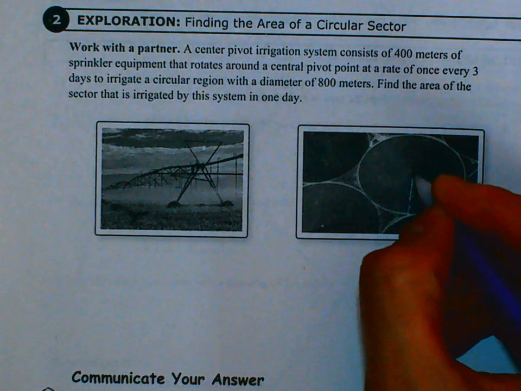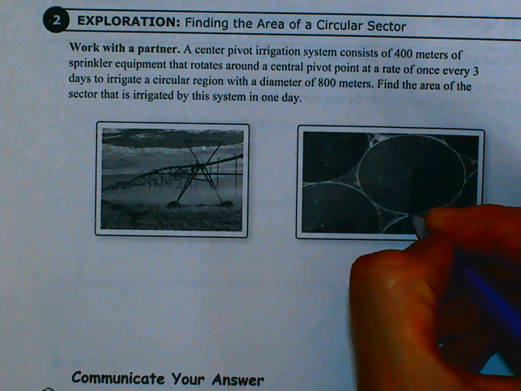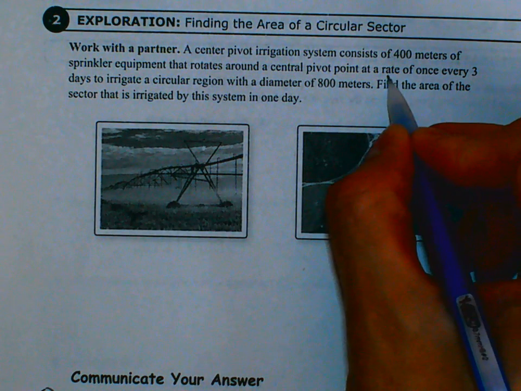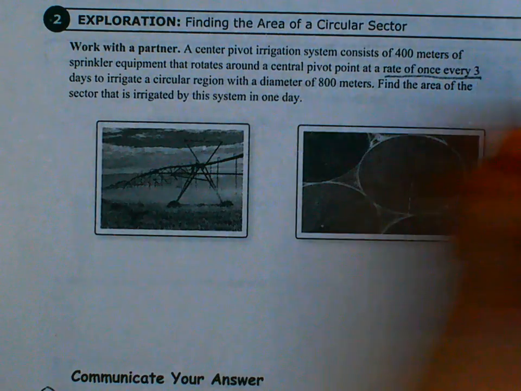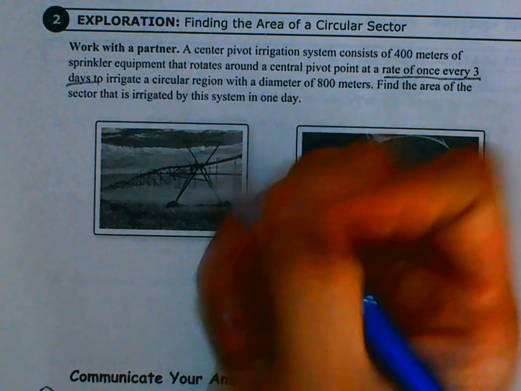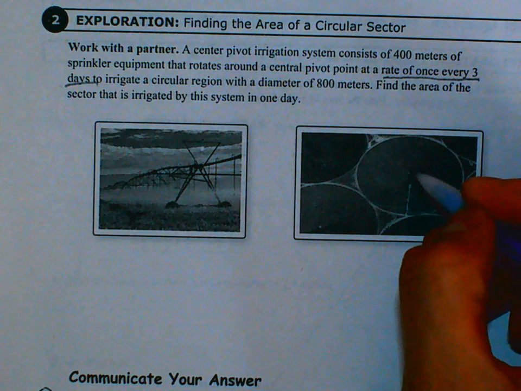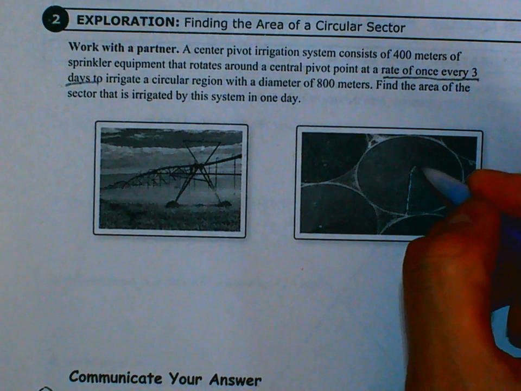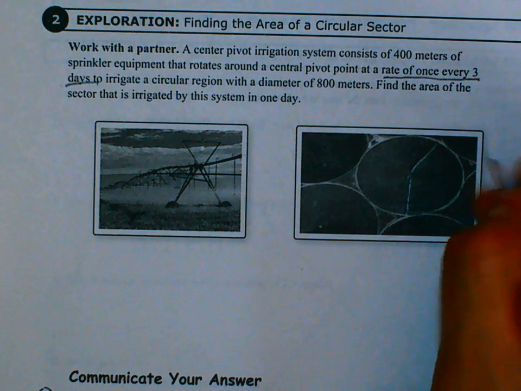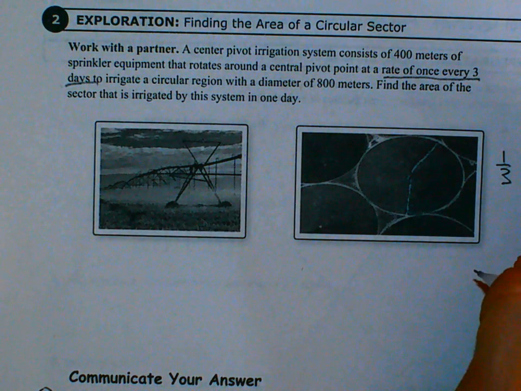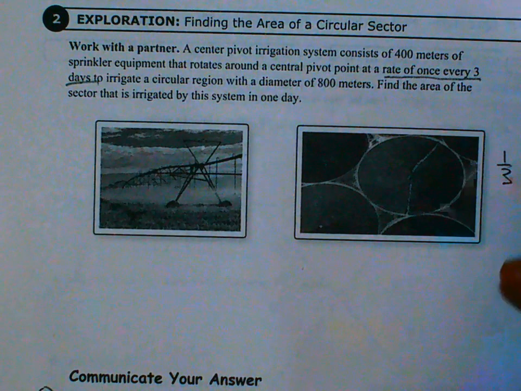So the radius of this circle happens to be 400. The rate that this thing turns is once every 3 days. So it makes a full turn in 3 days. That means that in 1 day, it's only going to turn 1/3 of the whole circular crop. And they want to know, find that area.